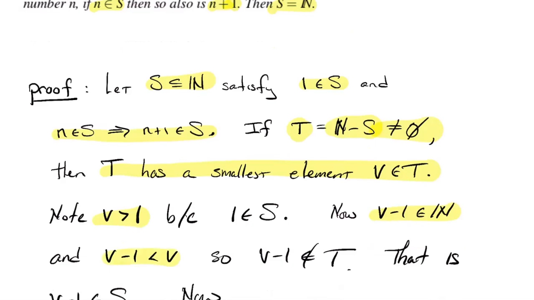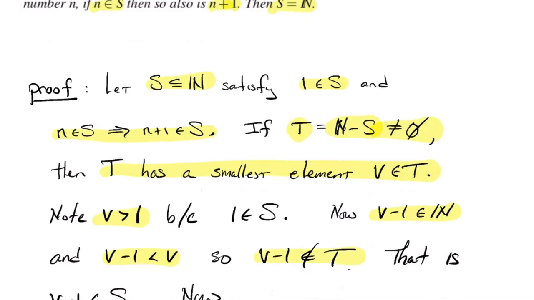And because V is the smallest element of T, then V minus 1 cannot belong to T. It's smaller than V. V is the smallest element.